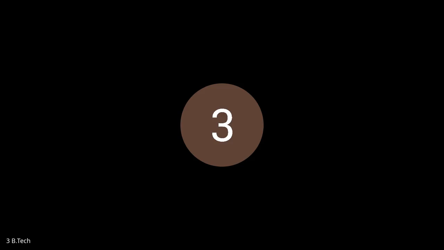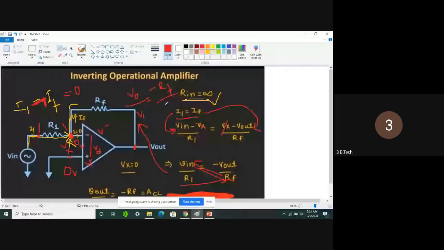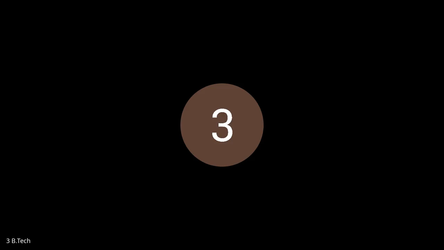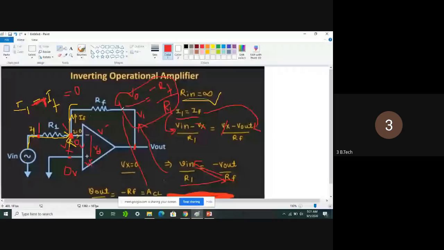This is the closed loop gain of the operational amplifier, that is ACL, in inverting mode. This is the gain formula, and this is how input and output are related in an operational amplifier when used in inverting mode. Is that clear to all of you? If you have any doubt, let me know and I will explain again.